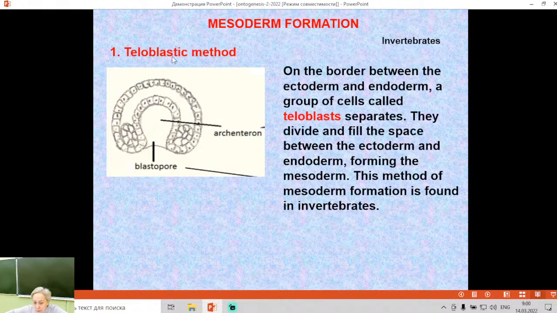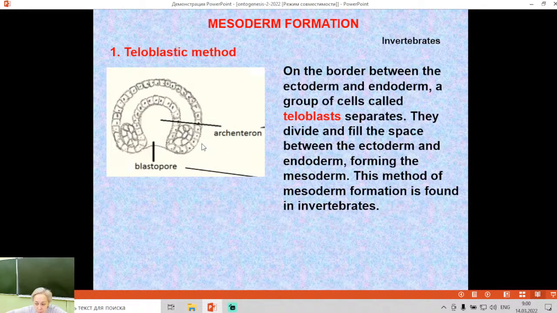The first method, the teloblastic method, is typical for invertebrates. You see the gastrula, blastopore, and gastrocoel or archenteron.